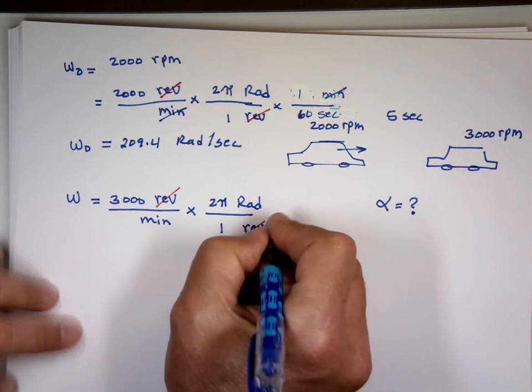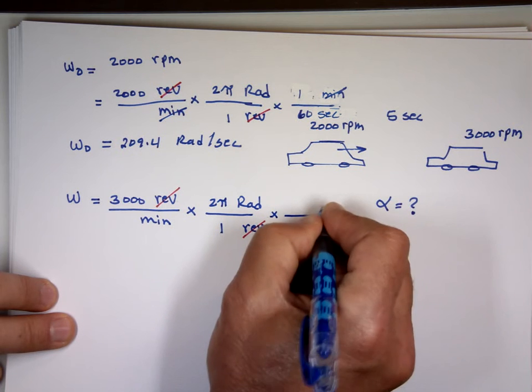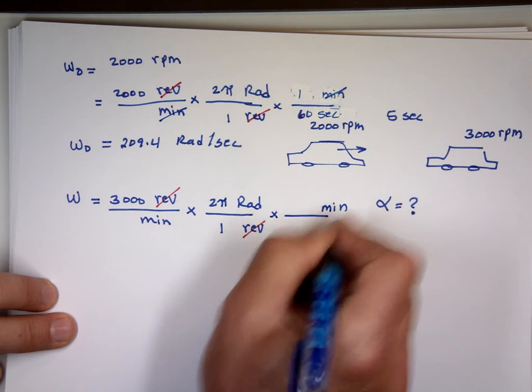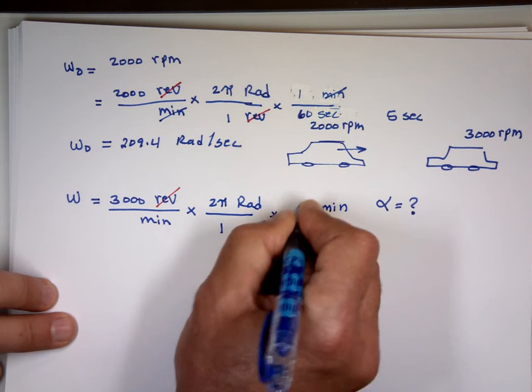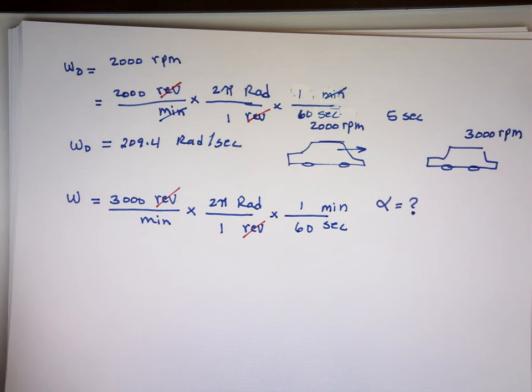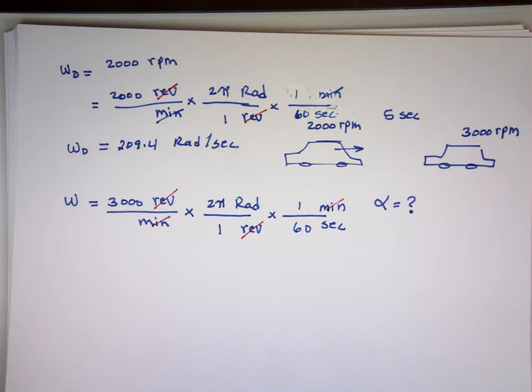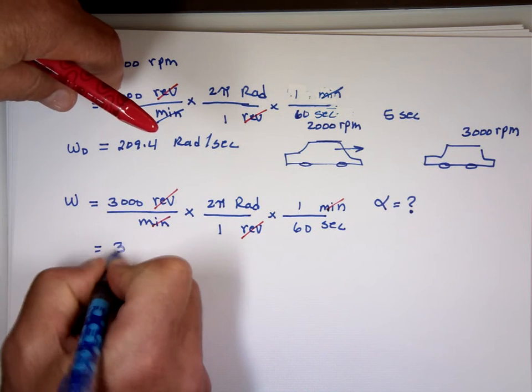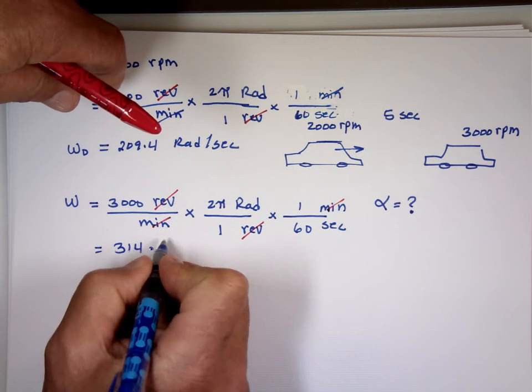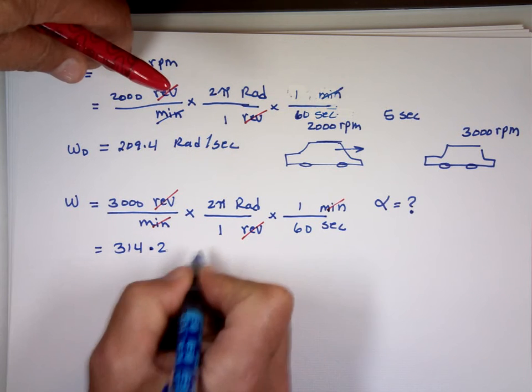I need to get rid of minutes and make it seconds: minutes on the top, seconds on the bottom. One minute is 60 seconds. So 3,000 times 2 times pi divided by 60 gives me roughly 314.2 rad per second.